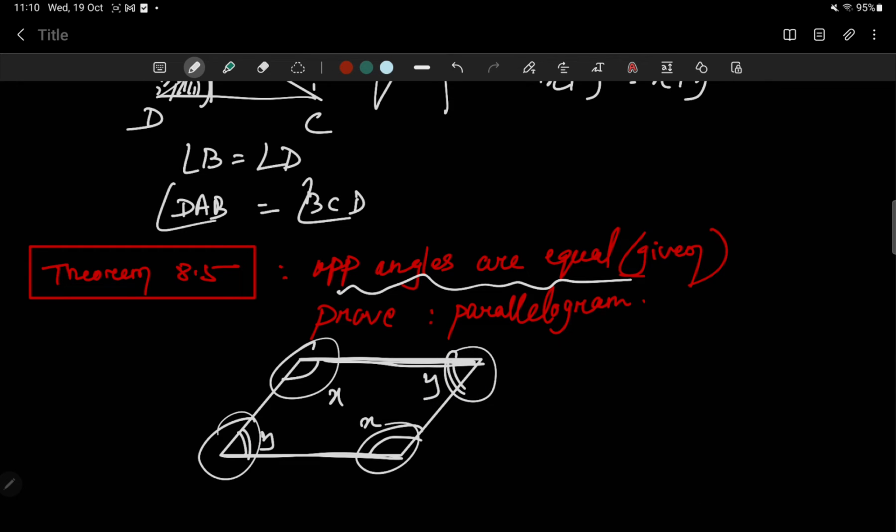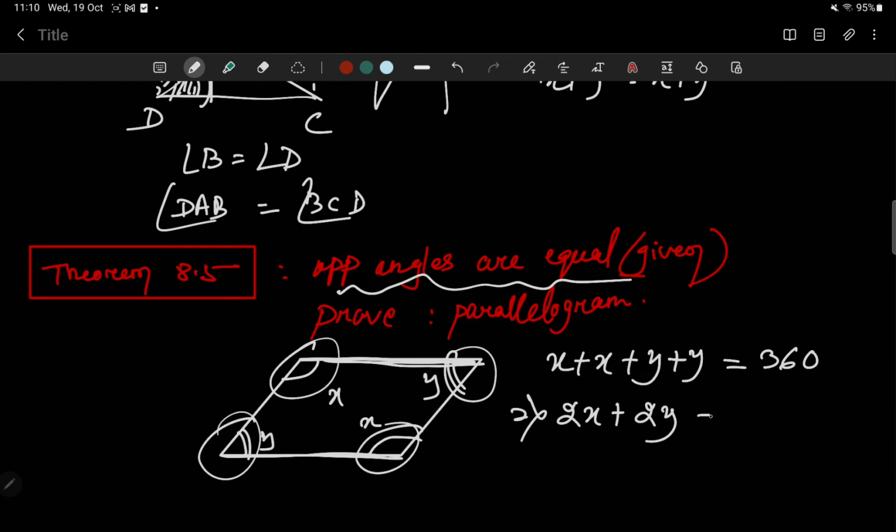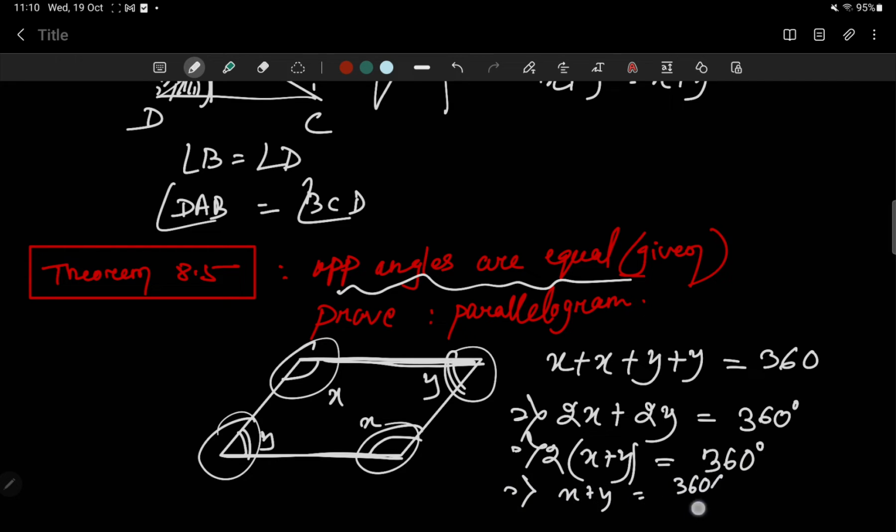In angle sum property, we know that x plus y equals to 360 degree, implies that 2x plus 2y equals to 360 degree, implies that 2 into x plus y equals to 360 degree, implies that x plus y is equals to 360 by 2, 180 degree.